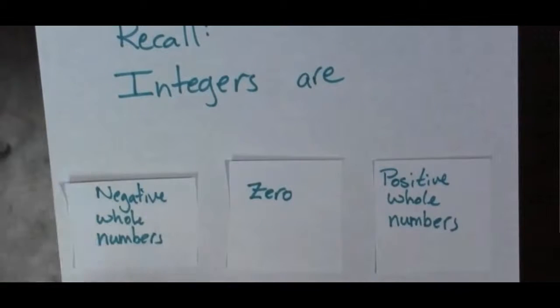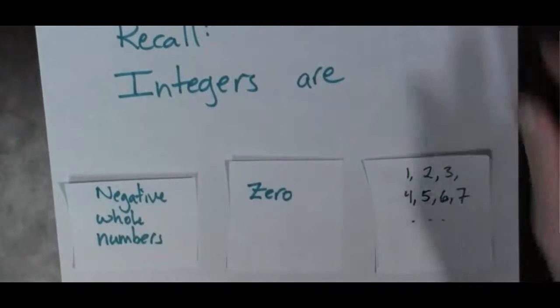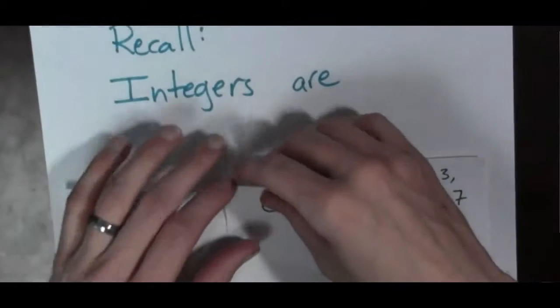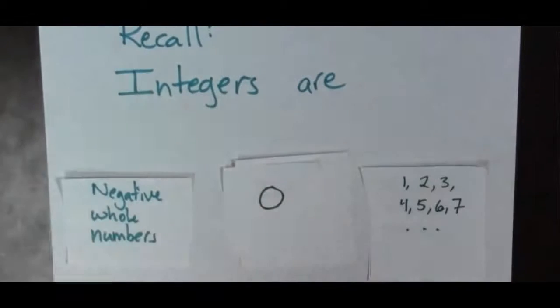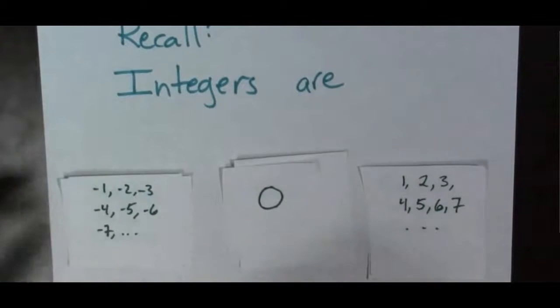Positive whole numbers are numbers like 1, 2, 3, 4, 5, 6, 7, and so on. 0, well, we all know what 0 is. 0 is just 0. And negative whole numbers are numbers like negative 1, negative 2, negative 3, negative 4, and so on. So any function from the real numbers to the real numbers can be plotted.